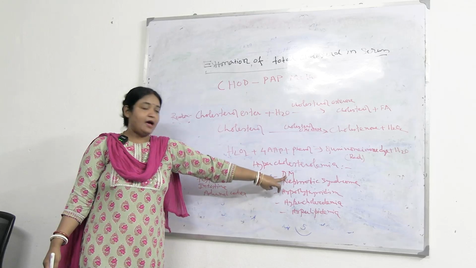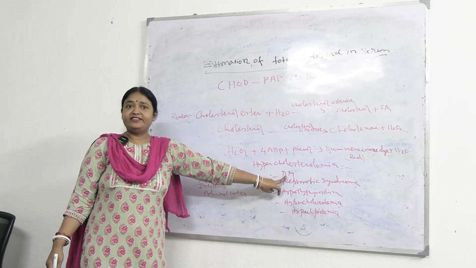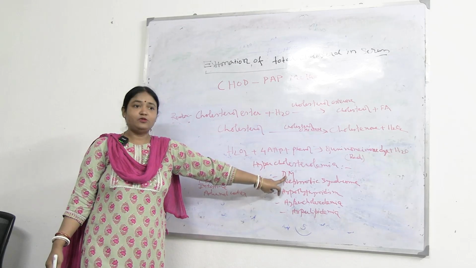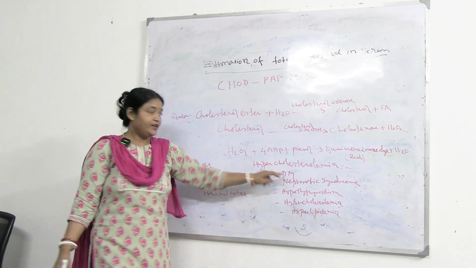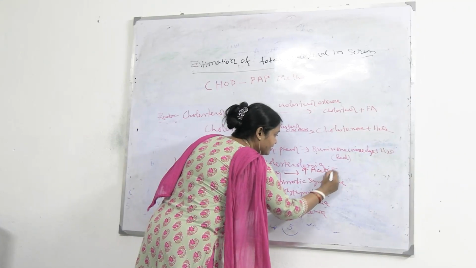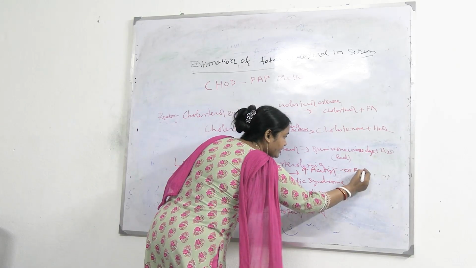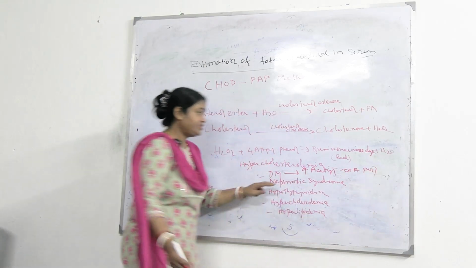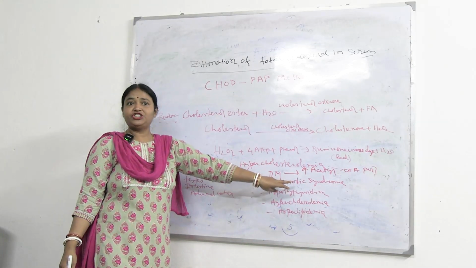In diabetes mellitus there will be an increased acetyl-CoA pool, from which cholesterol will be formed, so there is increased formation of cholesterol.